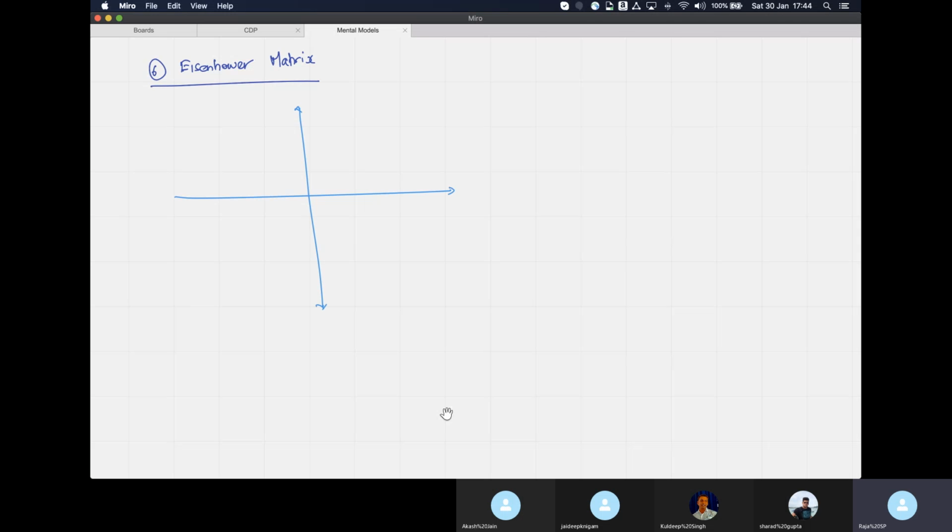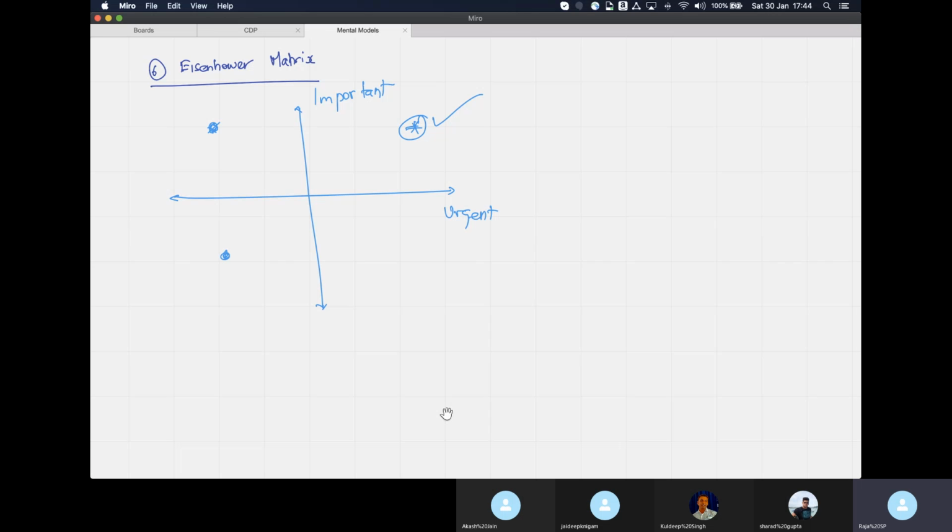Very simply put, it talks about what is urgent in one quadrant and what is important in another quadrant. The moment you are able to categorize your work in this way, obviously this is what you will focus on, because this is more urgent and this is more important. So you really have to attend to this. Something here is obviously important, but I can take some time to solve it, so you deprioritize that work.